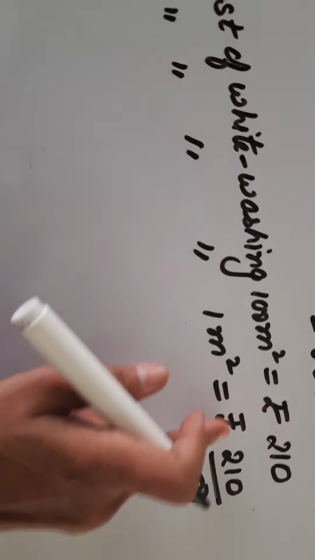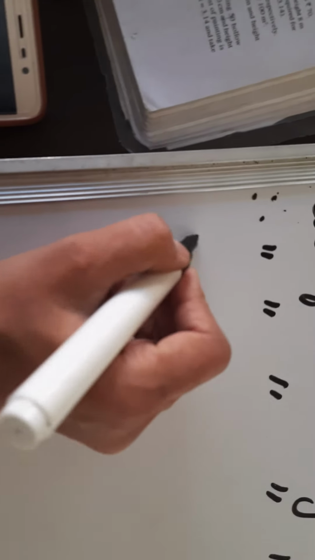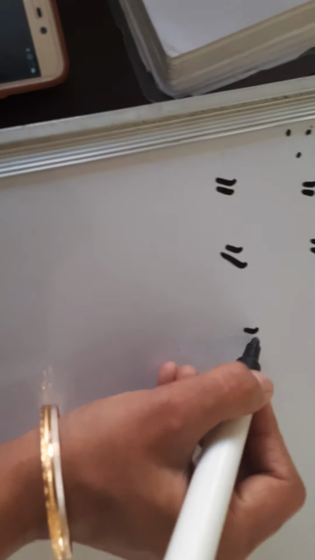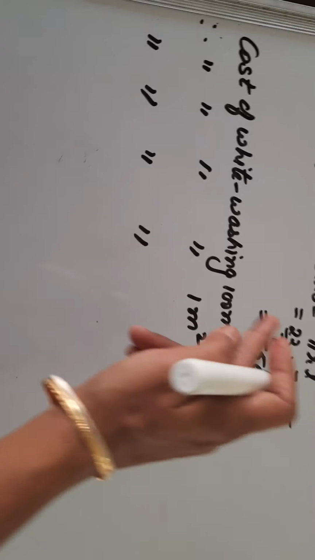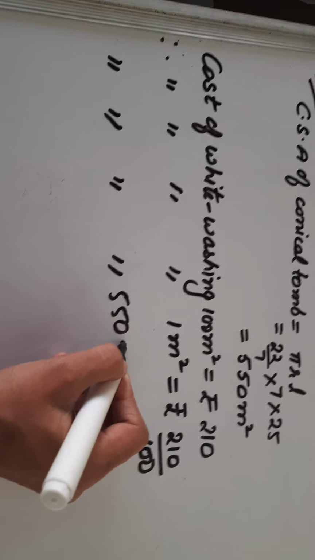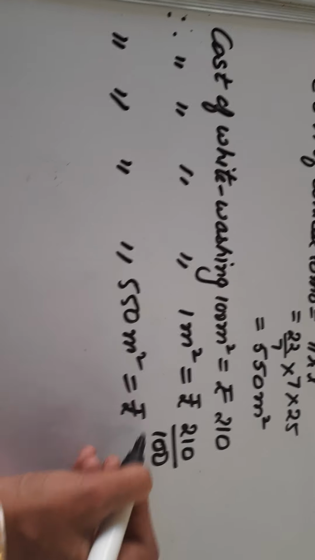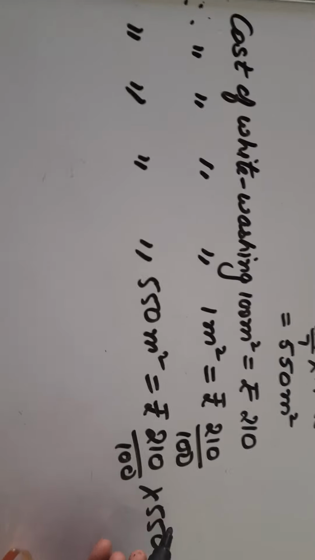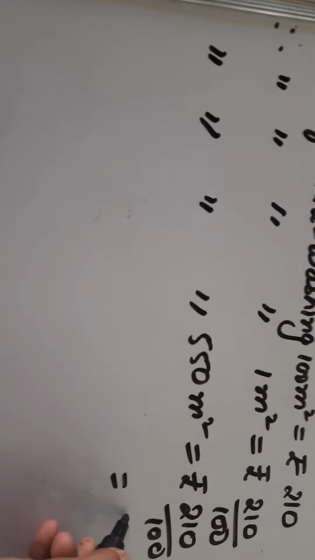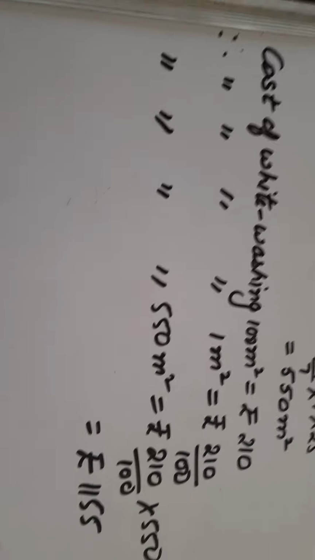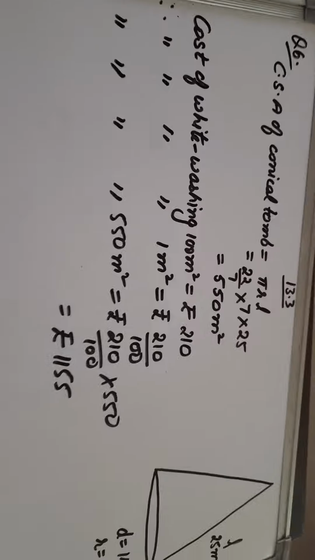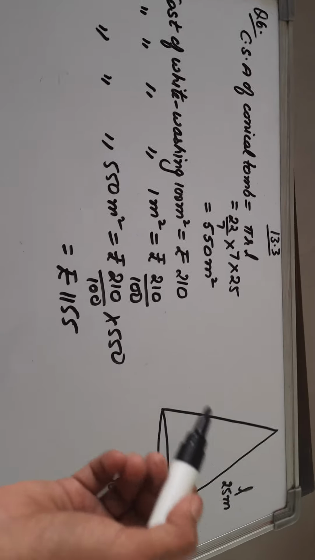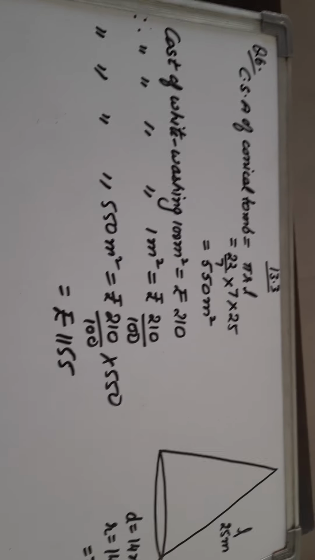Now cost of whitewashing 550 meters square is equal to rupees 210 by 100 into 550. So you will get the cost as 1155 rupees, the total cost in whitewashing this conical tomb.